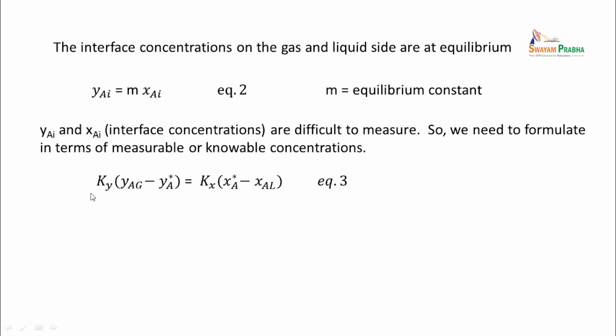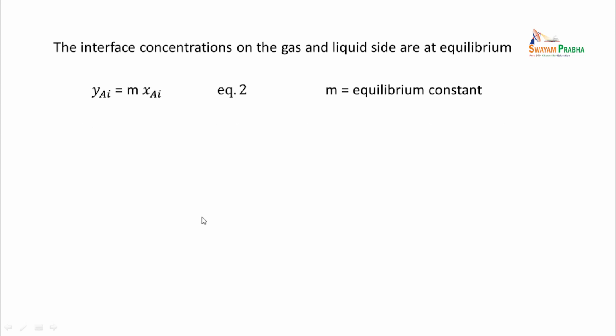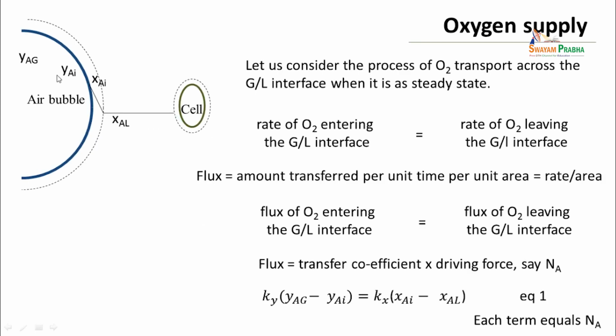So if we write this in terms of the concentrations that can be measured, let us say that this is some transfer coefficient Ky in the gas phase times YAG, which is the bulk gas concentration. I hope you can remember this. YAG is here, XAL is here.